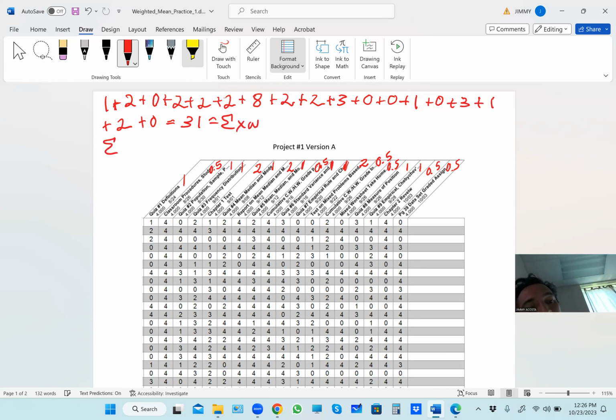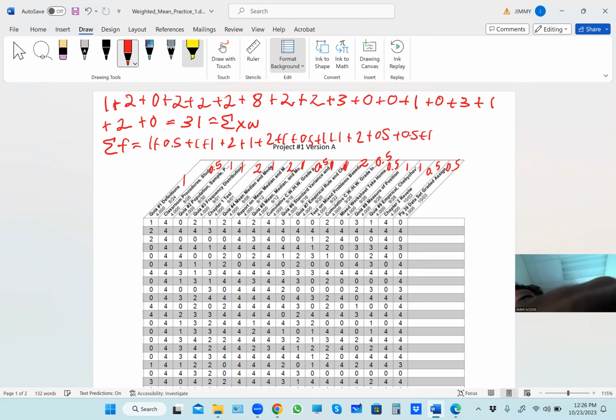Now we're going to go ahead and figure out the sum of f. Well, it's going to be just 1 plus 0.5 plus 1 plus 1 plus 2 plus 1 plus 2 plus 1 plus 0.5 plus 1 plus 1 plus 2 plus 0.5 plus 0.5 plus 1 plus 1 plus 0.5 plus 0.5. Okay, I'll go ahead and do it on my calculator here.